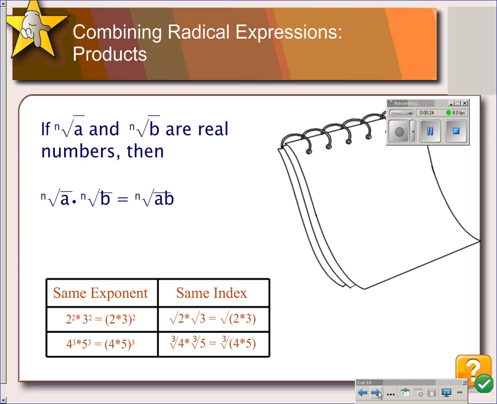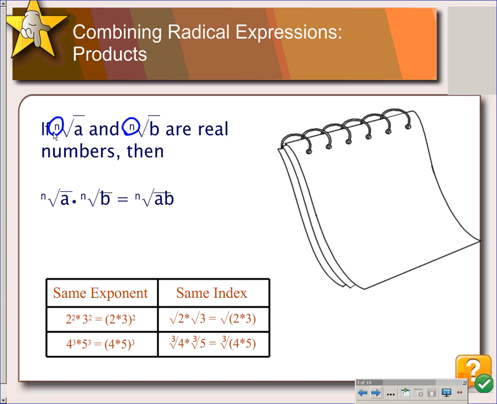Okay, in order to simplify radical expressions, the one thing you need to know is that if you have two separate radicals, like the nth root of a and the nth root of b, as long as they have the same index, you can combine them into one radical.